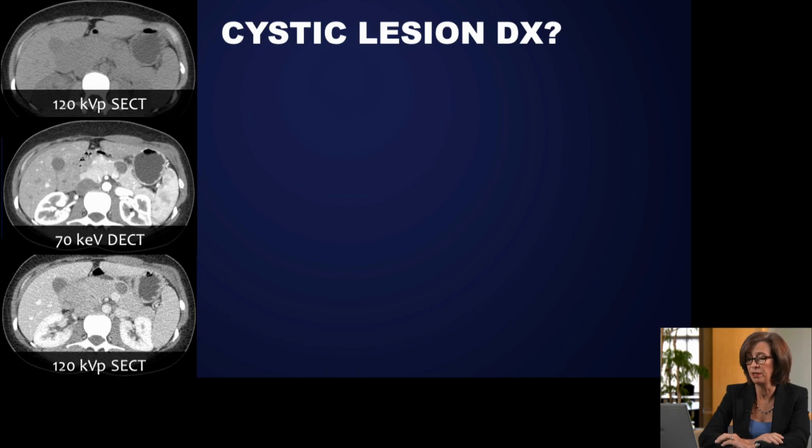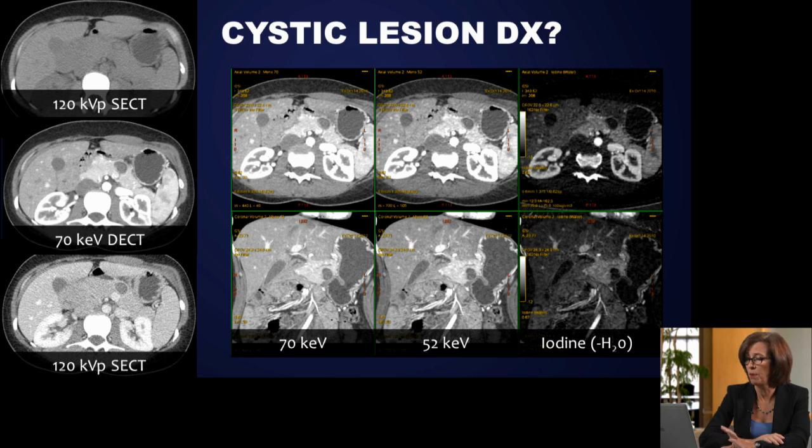So here's a patient looking at the images on PACS with unenhanced, a 70 keV dual energy image and a 120 kVp single energy portal venous phase. Here's a cyst in the mid-body region of the pancreas. What is it? If we pop it into our typical GSI protocol for pancreatic ductal adenocarcinoma, you know it's high contrast because it's cyst compared to the normal enhancing pancreas anyway.